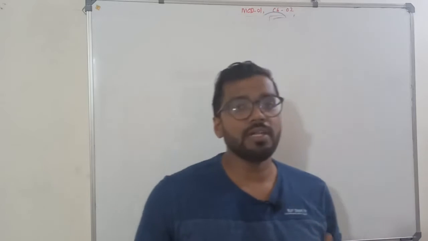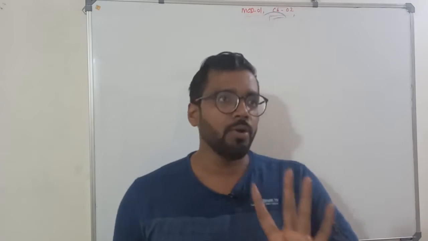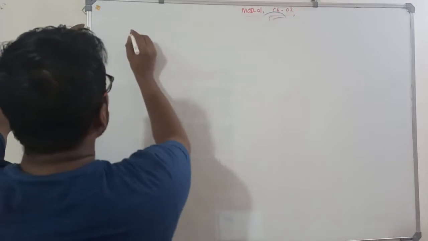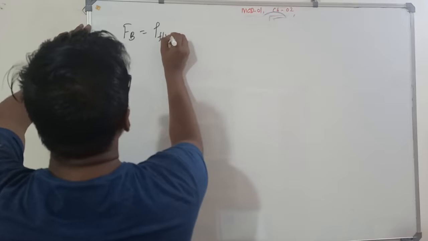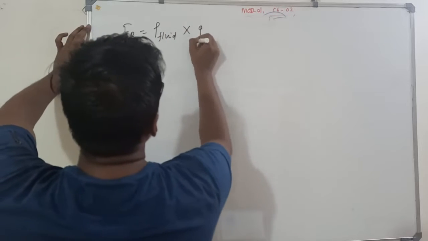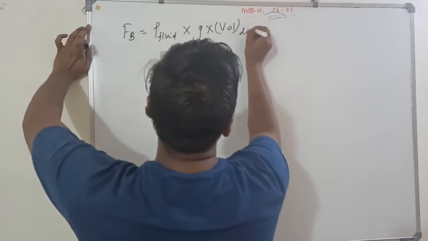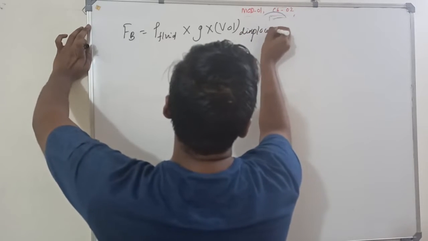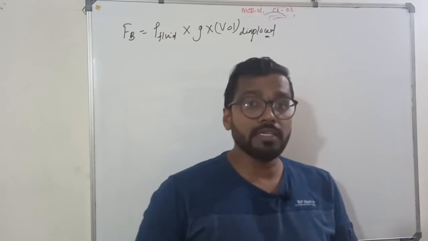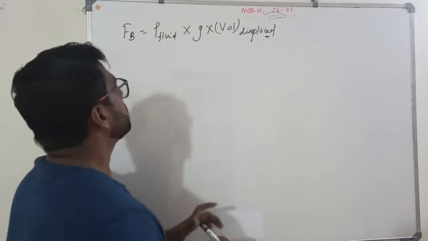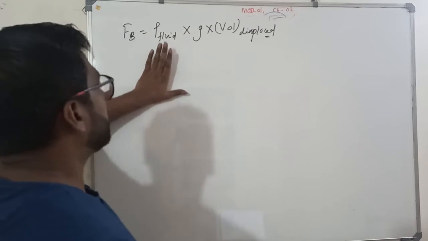Okay, so now let us discuss very obvious but fantastic applications of it. We know FB is equal to density of fluid multiplied by g multiplied by volume displaced, the volume displaced by the solid which is submerged inside the fluid. So the buoyancy force is proportional to the density of the fluid.